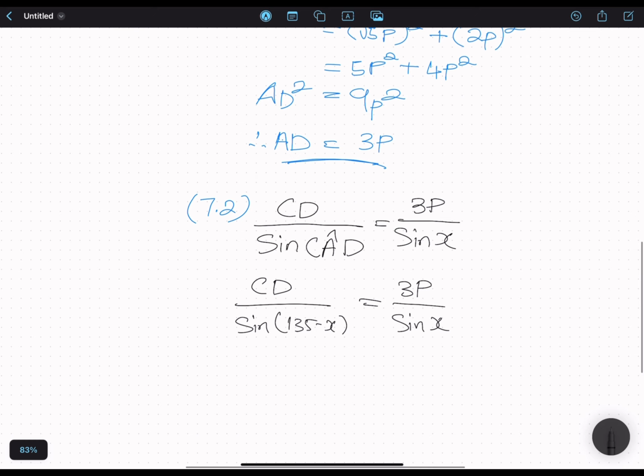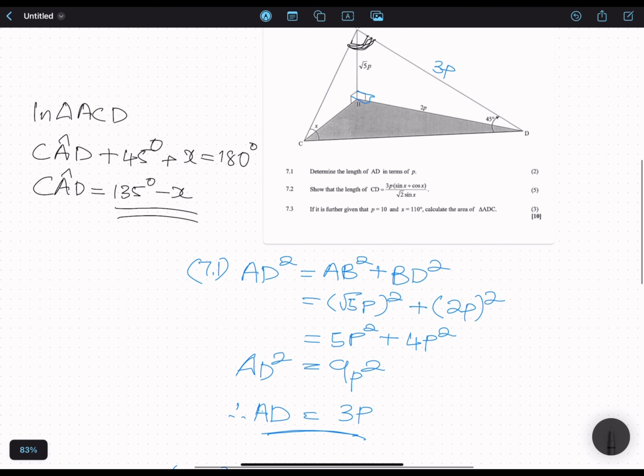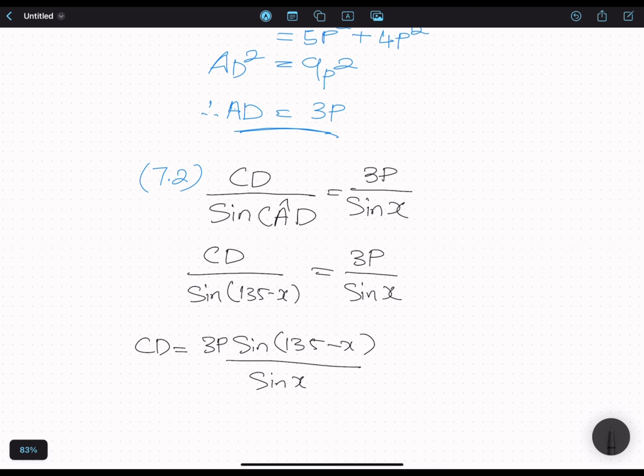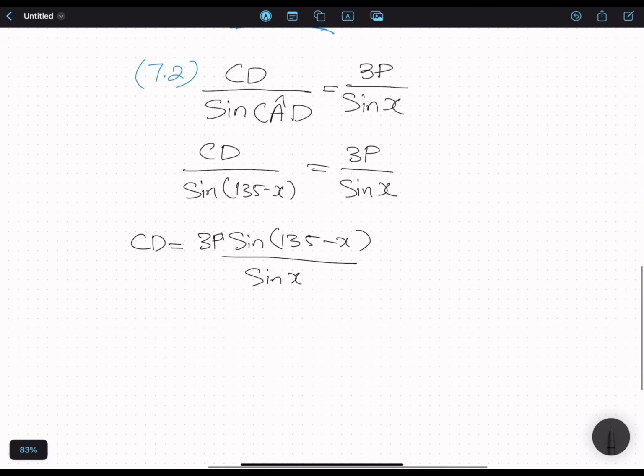Then we can just say, okay, CD is given by 3p sine 135 minus x divided by sine x. So looking at this, we have 3p, which is nice. We have 3p already here. Then we have sine 135 minus x. We have sine x, which is nice.